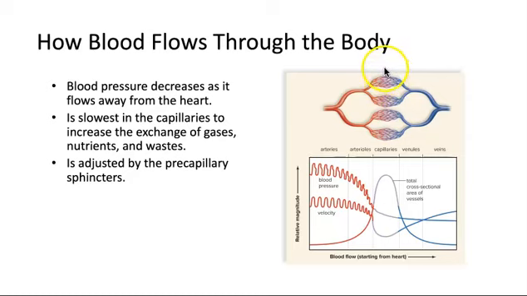So we're going to give off our nutrients and our oxygen to the tissues and pick up waste products like carbon dioxide. And then we can pick up speed a little bit more as we move in through the venules and then into larger veins to make our way back to the heart itself.